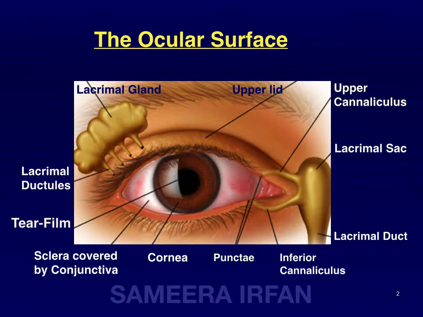Therefore, all these factors need to be kept in mind as the underlying causative mechanisms producing disease in any of these six structures.